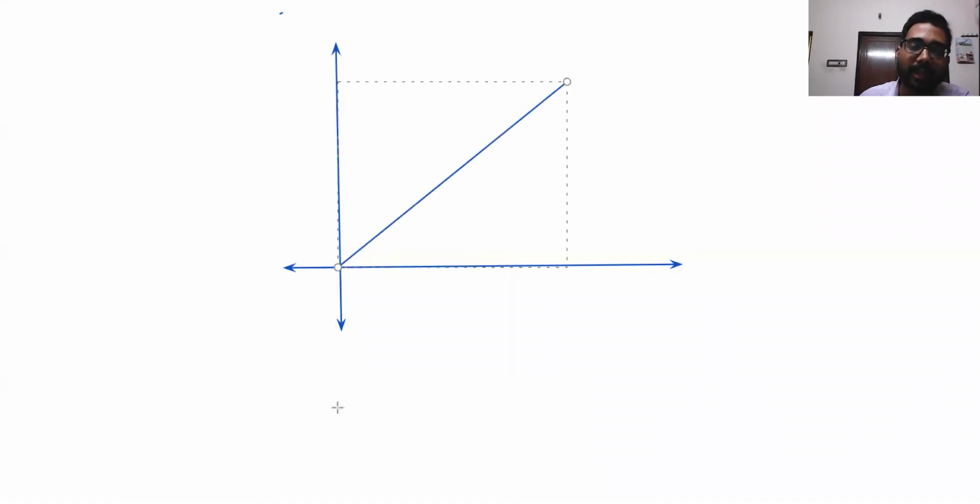So this line is making angle theta. Now you may be wondering, if I take a point here, I may get some value of cos theta and sin theta, and if I take a point here, I may get some other values of cos theta and sin theta. No, it is not going to be like that. Till the time theta is constant, you are going to get same values, right?